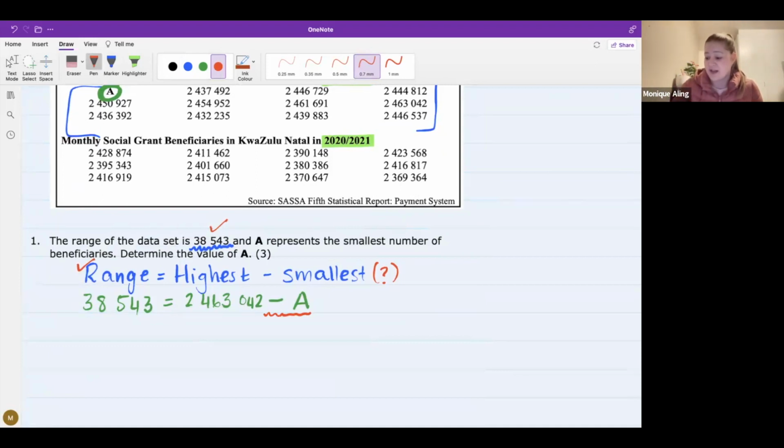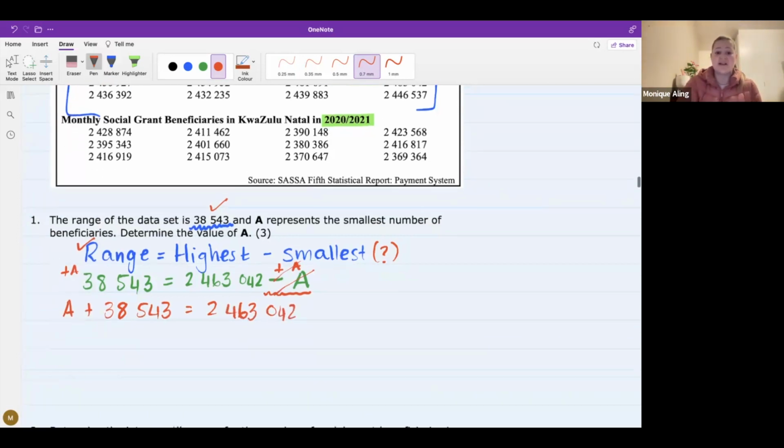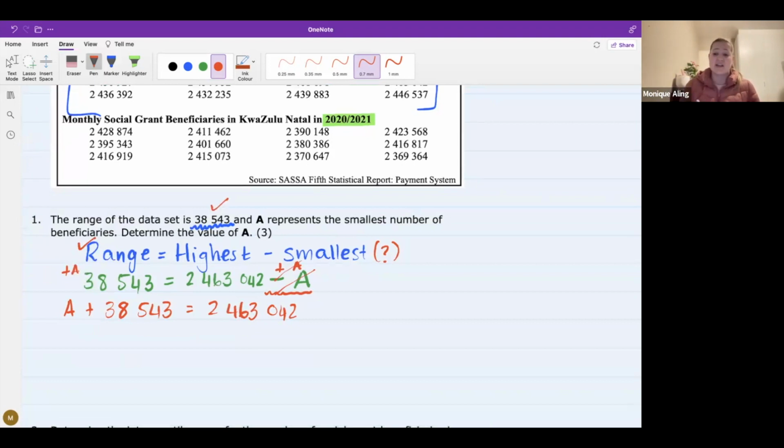So I'm going to say plus A on this side, plus A on the other side of the equal sign. That cancels these two out. So I'm left with A plus 38,543 equals 2,463,042. So all I did there was just take A to the other side so that it becomes a positive.